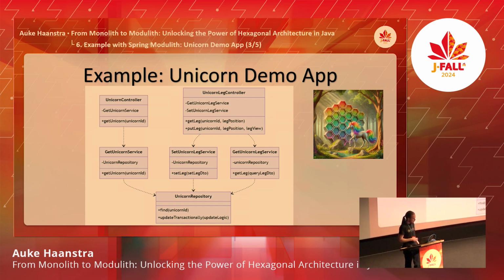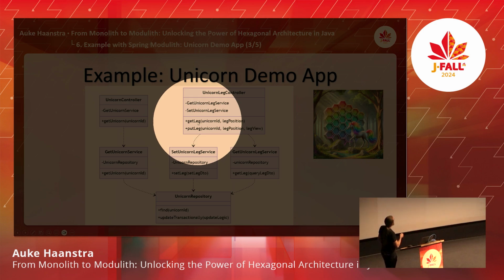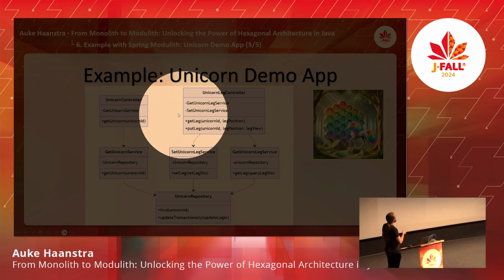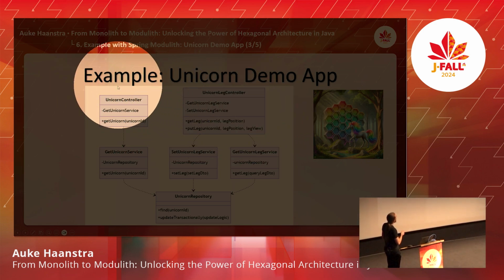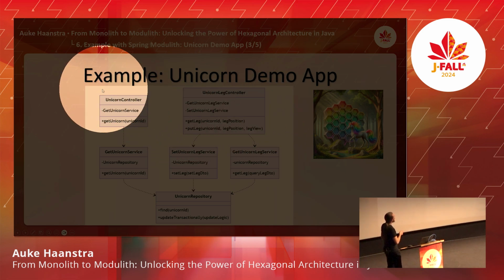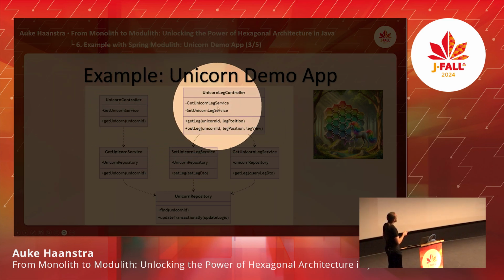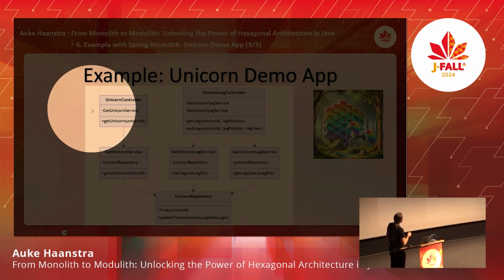So let's look at an example of this. The Unicorn demo app. So actually, we're now going back to Bubbles. What's under the hood with Bubbles? When you look here, you again see this web layer, but actually now it's not a web layer anymore. It's hexagonal.